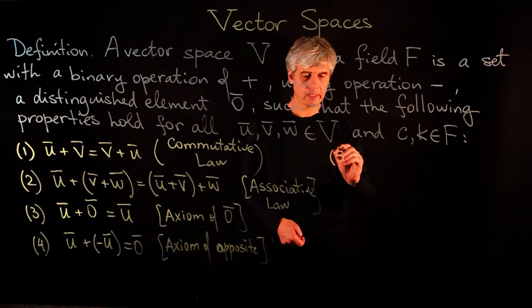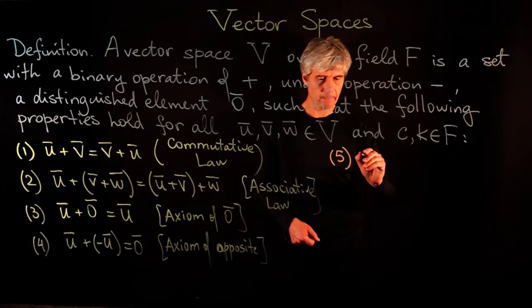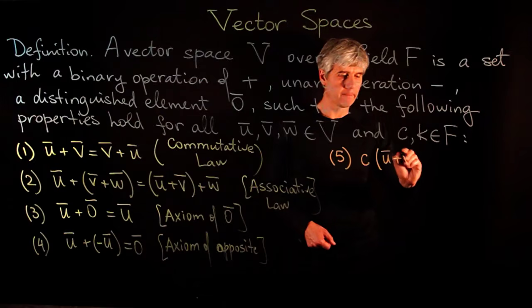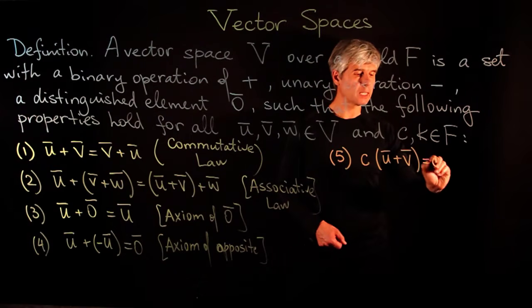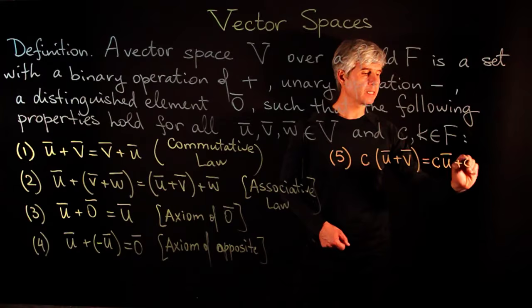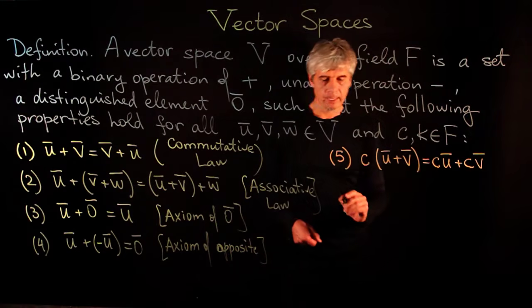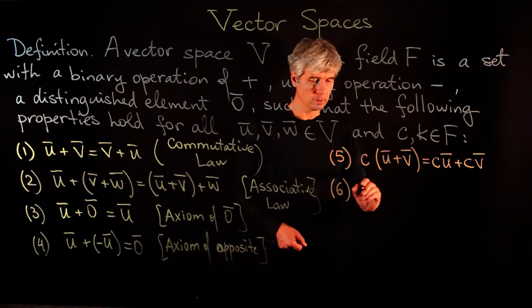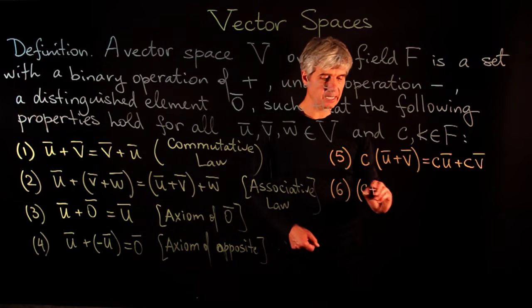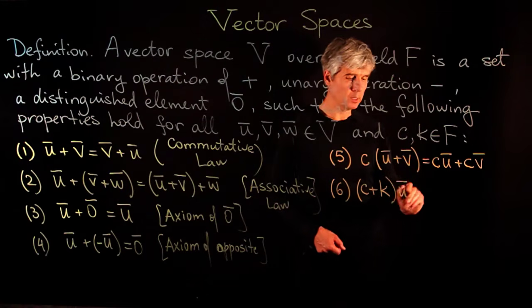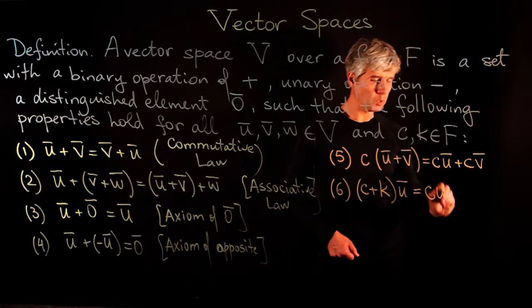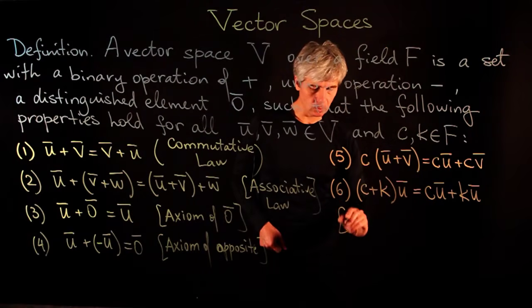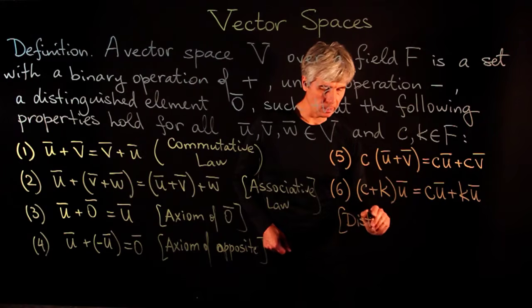So next axiom is c times u plus v is equal to c times u plus c times v. And 6, c plus k times u is equal to c times u plus k times u. So these are called distributive laws, and there are 2 of them.